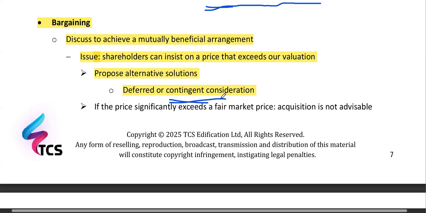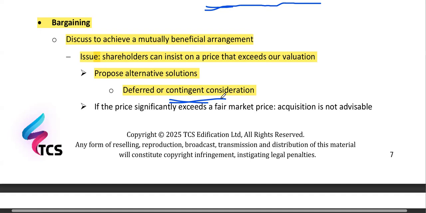You would agree to pay a certain price if after the acquisition, the subsidiary achieves certain targets. For instance, after acquisition, if the company achieves a 10% year-on-year growth in revenue, or maybe a 5% growth in net profit year on year, then we will pay you an extra amount.